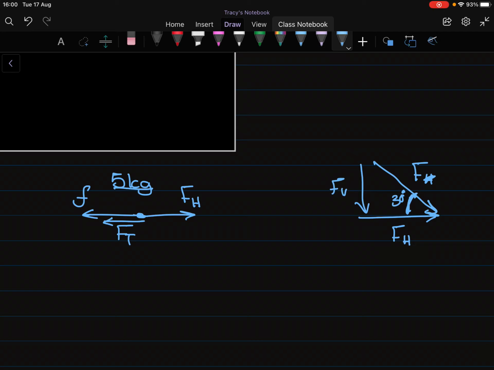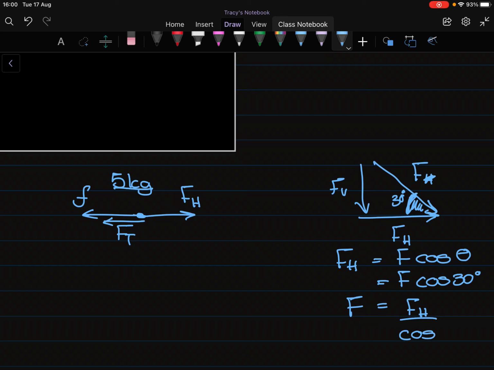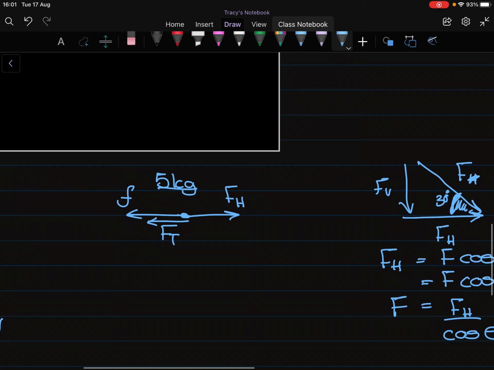So to get F horizontal, it's the adjacent side. So my horizontal force is F cos theta. In other words, it's F cos 30 degrees. So if I can find the horizontal force, I can find F. Okay? This is what I'm saying. F is my horizontal divided by cos theta. More than one way round we can do this, but now watch where I'm going to go with this.